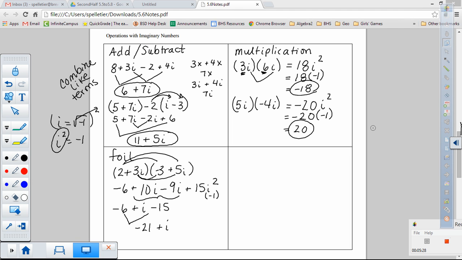A lot of times you'll see this written the other way around. Instead of leading with the negative, we like to lead with the positive, so we would swap this around and say i minus 21. That's primarily how you will have your answer read to you. Typically they switch them around. Okay? So that is operations of imaginary numbers.